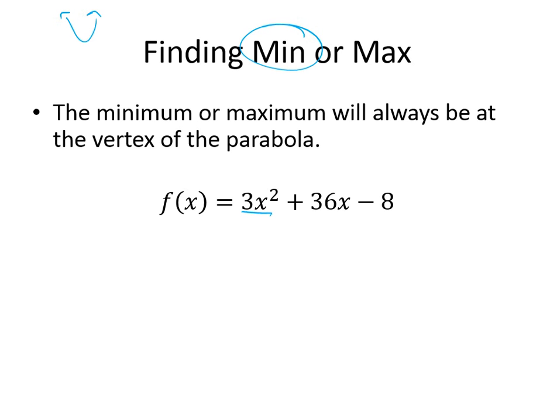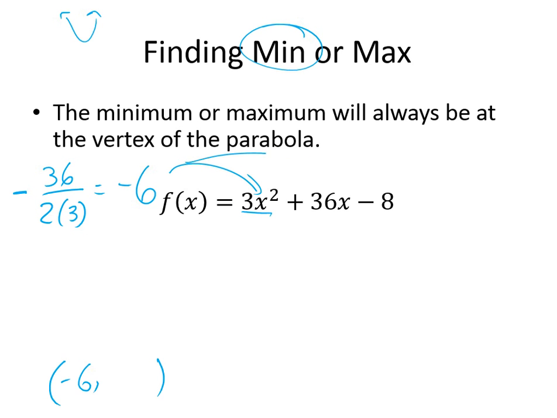And so now we use our negative b over 2a. The negative b value is 36, all over 2 times the a value, 3, which gets us a negative 6. So our answer is going to be negative 6, comma, something. Now we plug negative 6 into each of the x values, which gets us 3 times negative 6 squared, plus 36 times negative 6, minus 8.